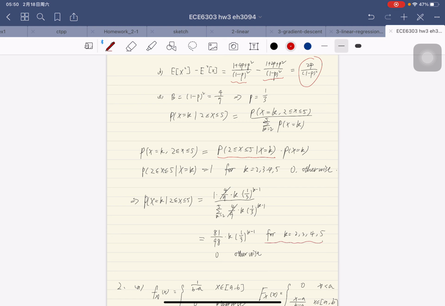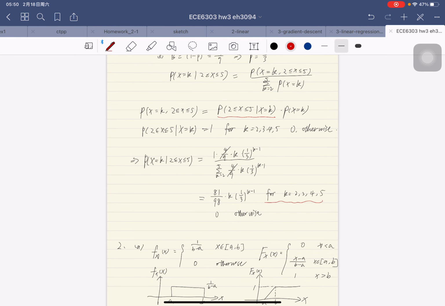For k equals 2 to 5, and otherwise, we will calculate the conditional probability the problem asks. So it will be 81 over 98 multiplied by k and (1/3) to the power of k minus 1 for k in 2 to 5, and surely since this probability will be 0 otherwise, the final result will also be 0 otherwise.